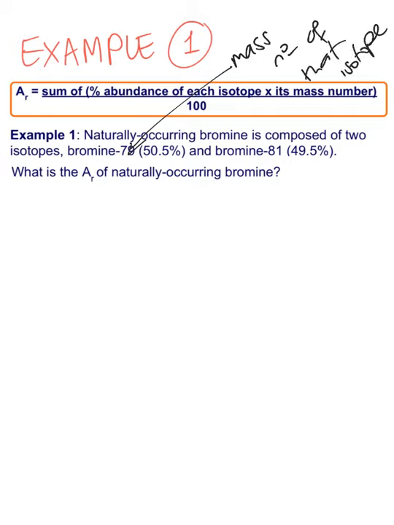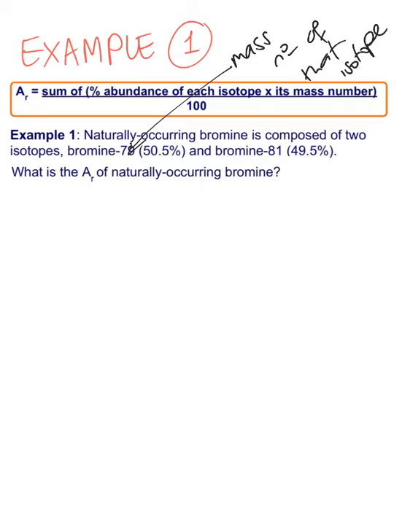Okay, so naturally occurring bromine is composed of two isotopes, bromine-79, and there is 50.5% of that isotope, so the percentage abundance of bromine-79 is 50.5 and bromine-81 is 49.5.